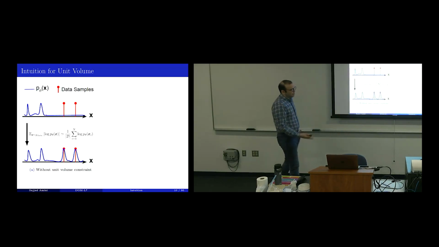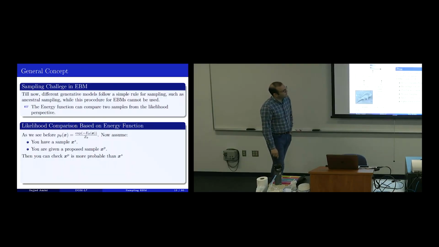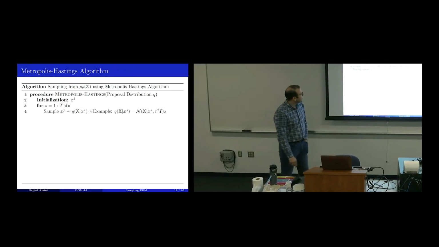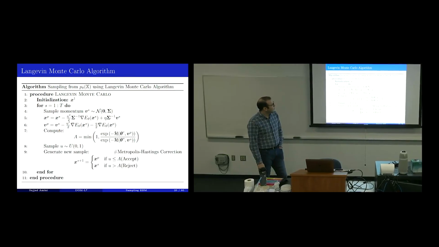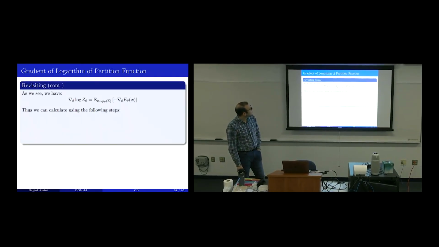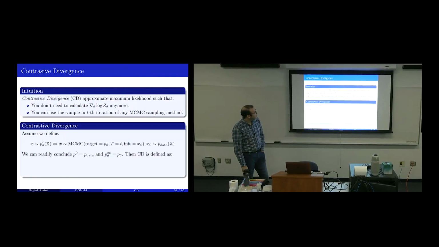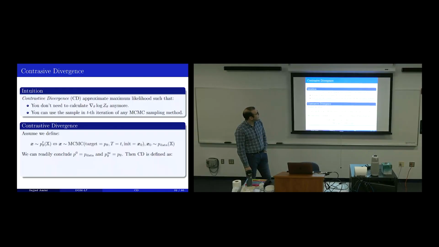The second one is very hard to solve, and there are challenges for that. We have seen two methods to sample from a trained model, and then we start the contrastive divergence to see how we can train them.